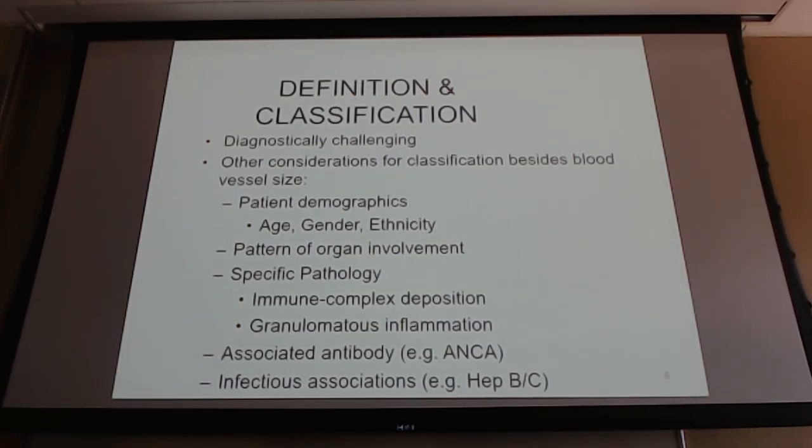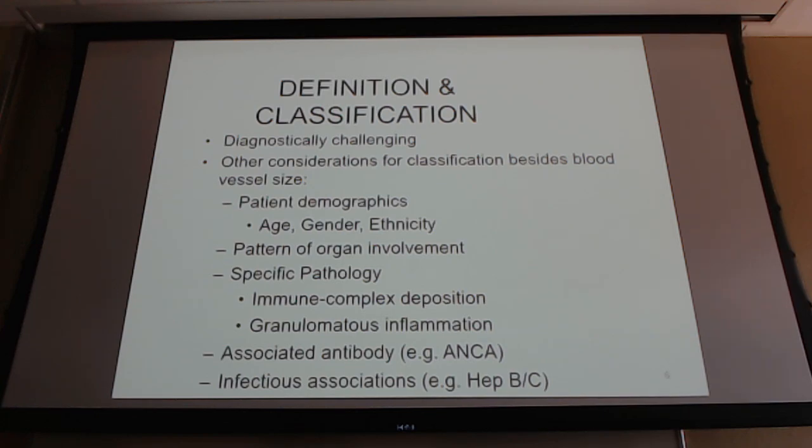Challenging is the diagnosis. It's not easy to actually put these things out there. Considerations for classification besides the blood vessel: what is the individual? What is the patient? Age, gender, ethnicity, those things will push into those directions.